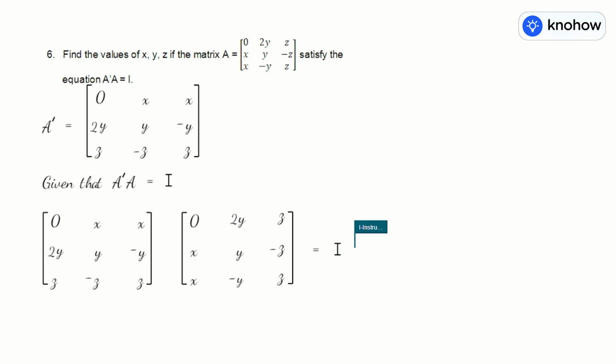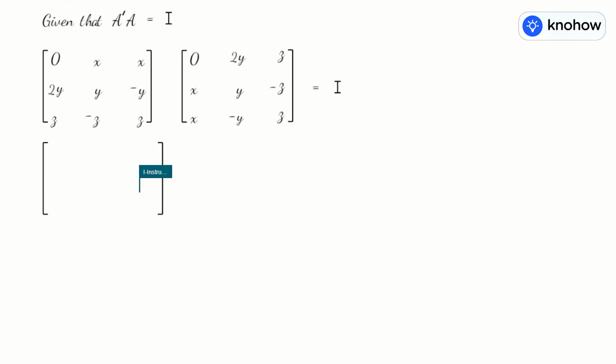Now take the product. Both these matrices are of the order third order, square matrix of third order, 3 by 3. So the matrix multiplication is possible, and the resultant matrix will also be of the order 3 by 3. By now you know very well how to take the product.